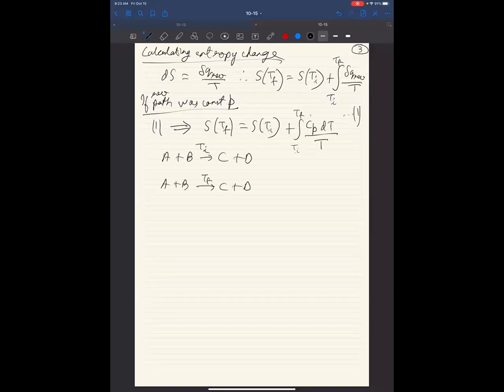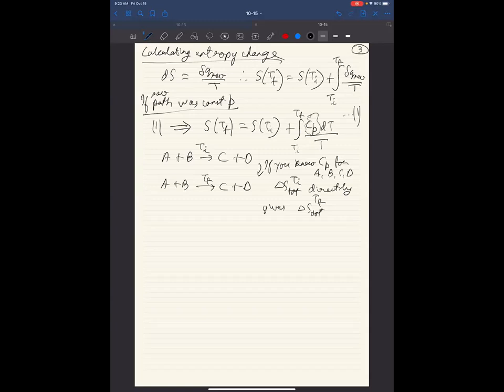All you need to know is the heat capacity for every component, A, B, C, D. If you knew Cp for A, B, C, D, delta S total at temperature Ti directly gives delta S total at temperature Tf by looking up the values of Cp. And Cp is something that is easily available in tables.